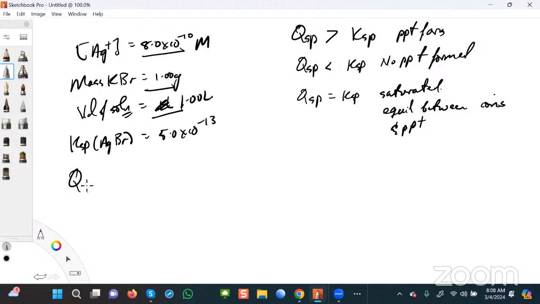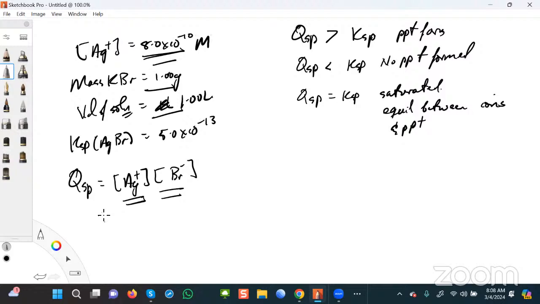What is QSP equal to? Let me deal with that first. What's the equation for QSP? The concentration of silver ions times the concentration of Br minus, right? We already have the silver concentration. So the question now becomes, how do we determine the bromide concentration?